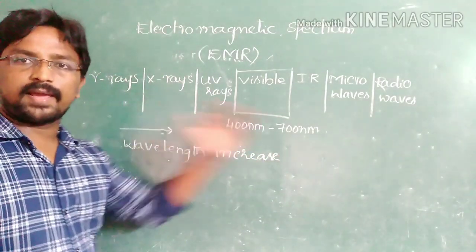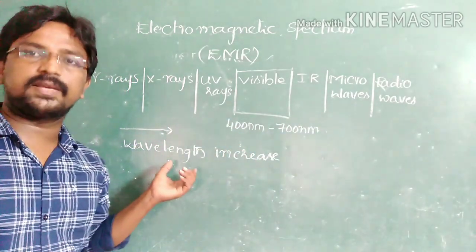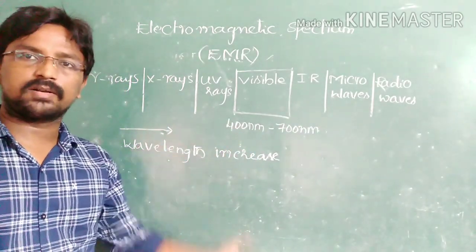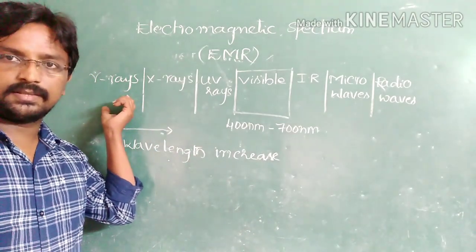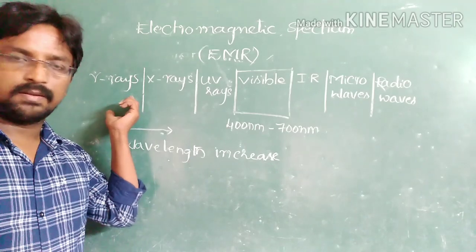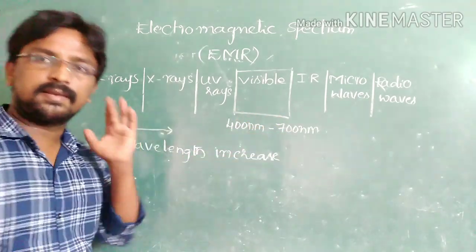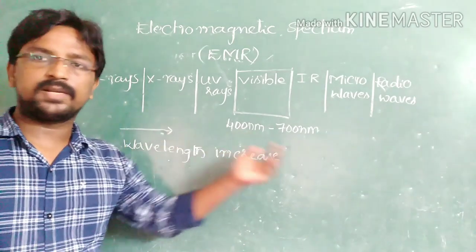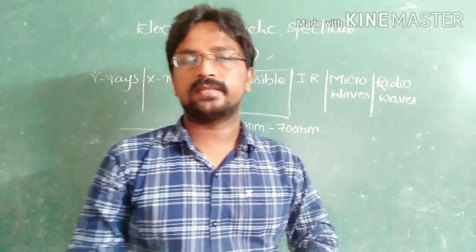That means we have arranged this electromagnetic spectrum in ascending order of wavelength. At gamma rays the wavelength is very short. Moving to the right, the wavelength gradually increases. Finally the longest wavelength is present at radio waves.